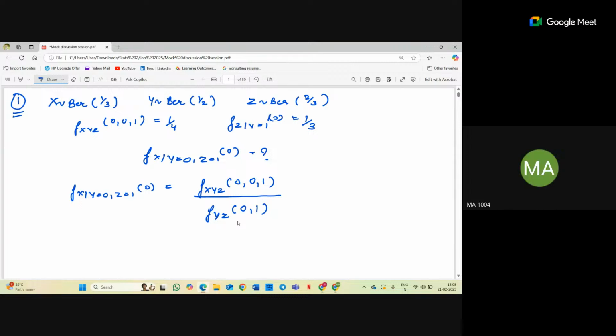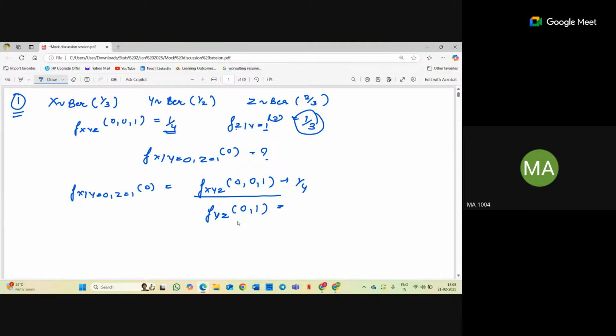Now, we have been given f(x, y, z) at (0, 0, 1) as 1/4. And we have also been given z given y equals to 1. That means when the value of z was 0 and when the value of y was 1, it is 1/3.